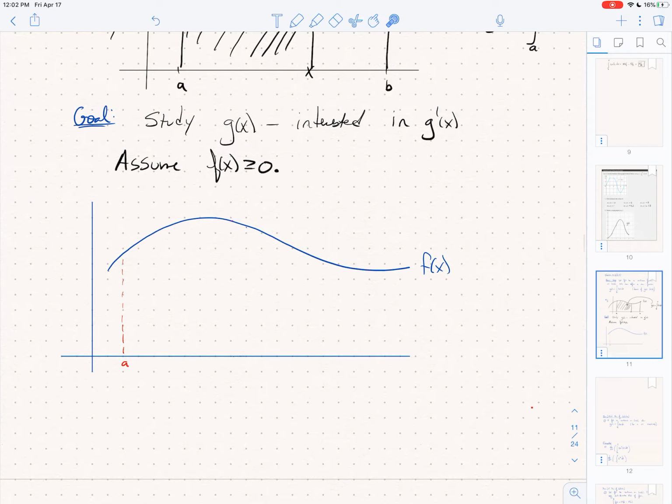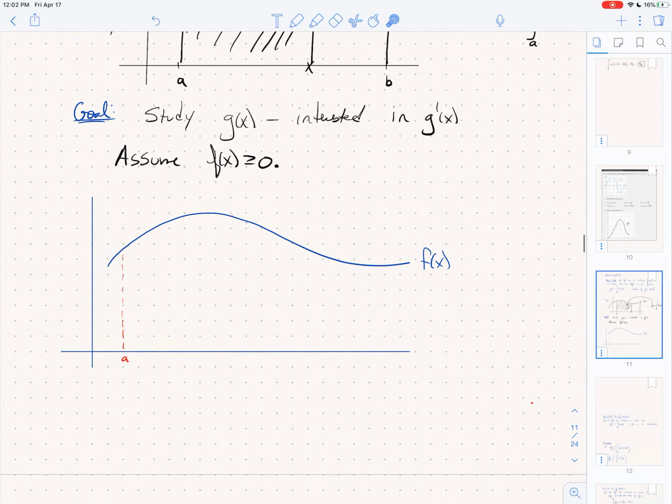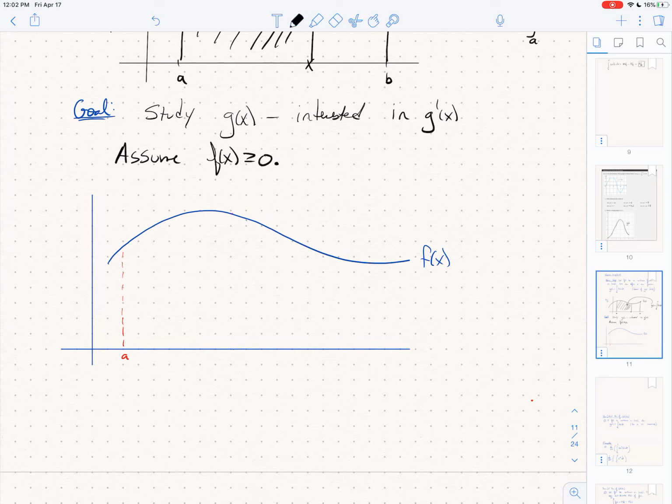Okay, so let's zoom in on g of x a little bit. I'm interested in capturing a little piece of area. So what I'm going to do is I'm going to pick an x value right here. Here's my x value, and I can certainly plug this into the function, and I get out this height. This is going to be height f of x. So far, so good. Then I'm going to go for a little walk.